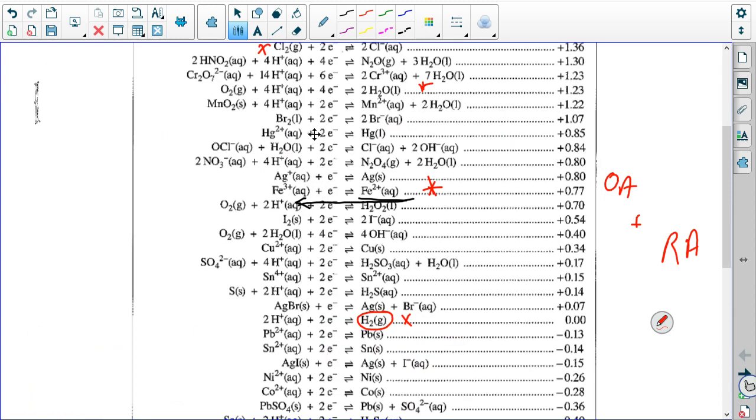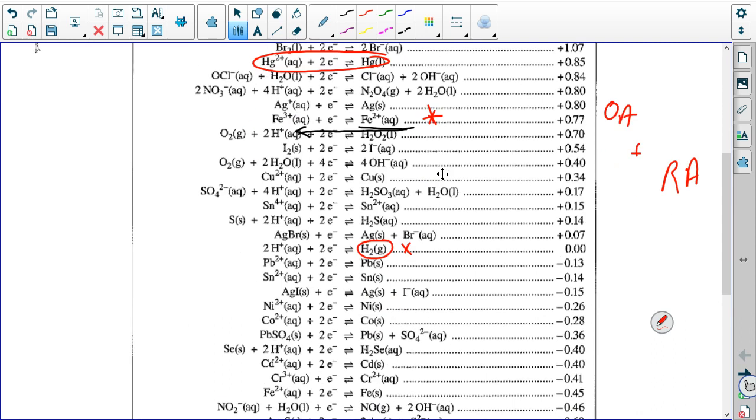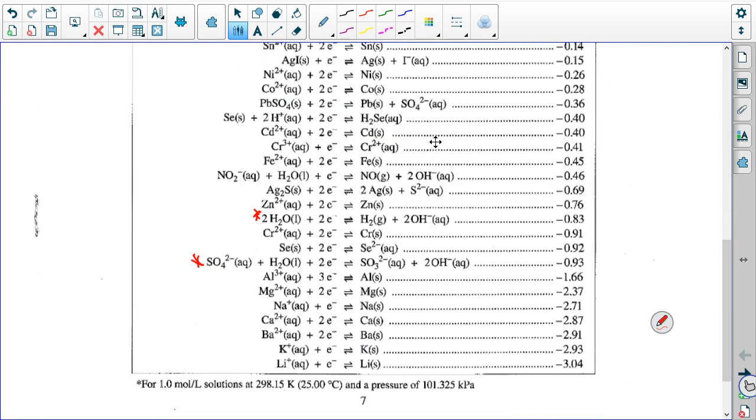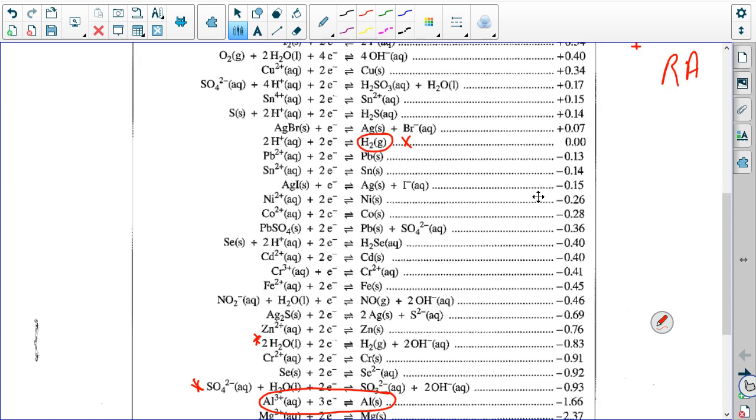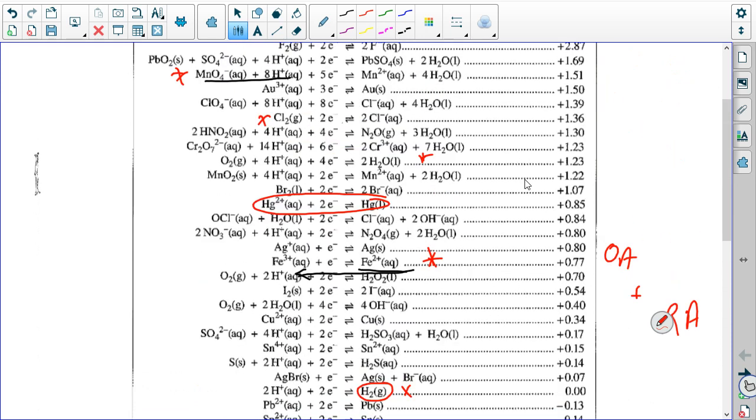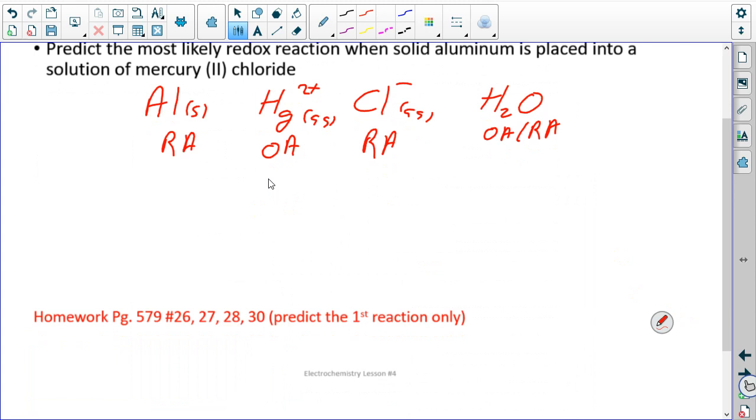We have mercury 2 up here, my strongest OA, because it's stronger than water, and we have aluminum solid down here. It's a much, much stronger reducing agent than our chloride ion way up there. Okay, so our strongest OA is our mercury 2. And our strongest RA is our aluminum.